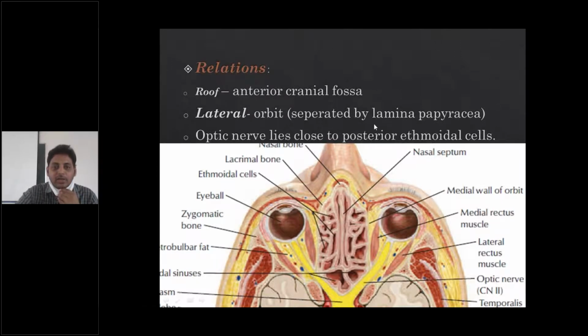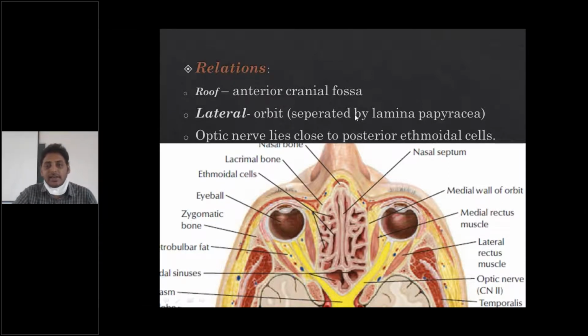Laterally, it is formed by the orbit, which is separated by the lamina papyracea. There is a thin bone separating the ethmoid sinus and the orbit, known as the lamina papyracea, which is a very thin bone. You should be very cautious during functional endoscopic surgery, because inadvertent injury to this lamina papyracea may cause orbital complications, as it is a paper-thin bone separating the orbit and the ethmoid sinus.